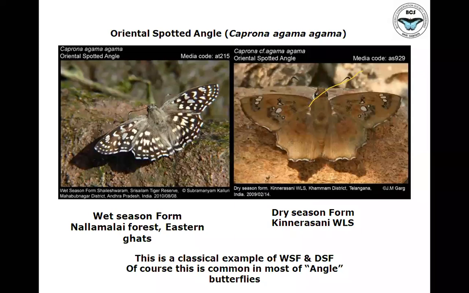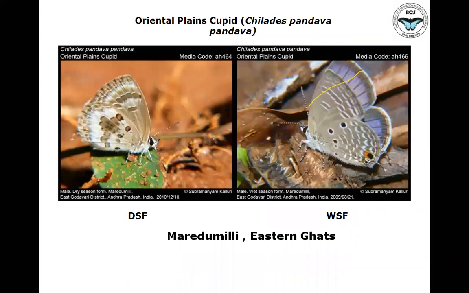And in this, you can see that they look like two different butterflies. And this is another example of dry season form and wet season form. That is the plain tiger.